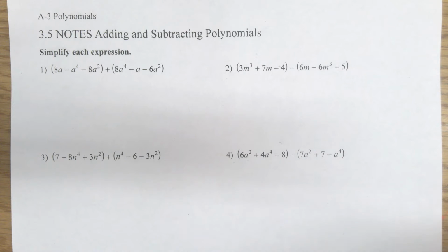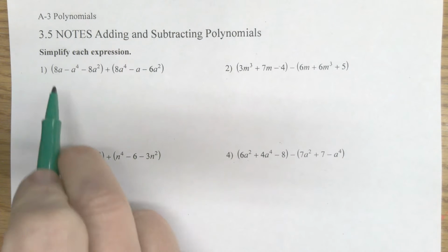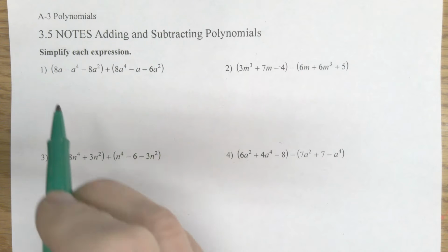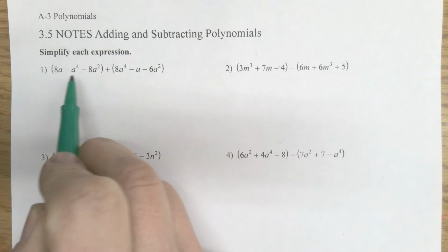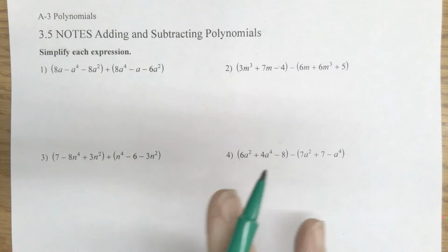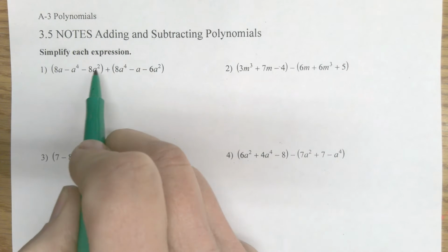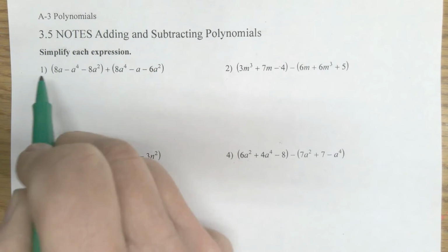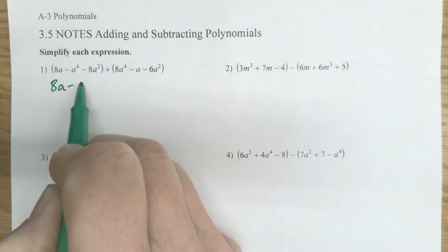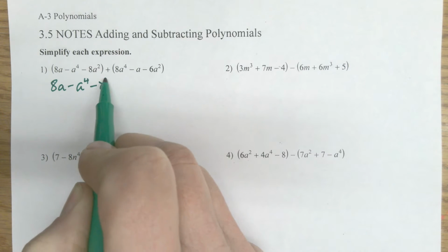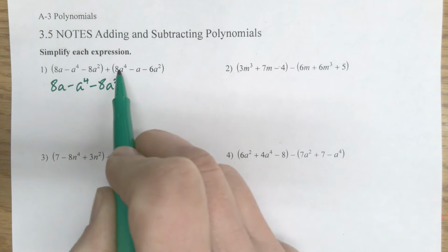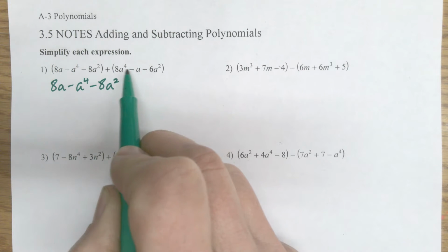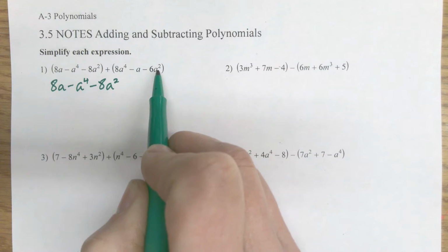When we are adding, we're basically combining like terms. Adding and subtracting, combining like terms. When you see the addition sign between the polynomials, you can just drop the parentheses completely, because it's like adding a positive a to the fourth, adding a negative a, adding a negative 6a squared.